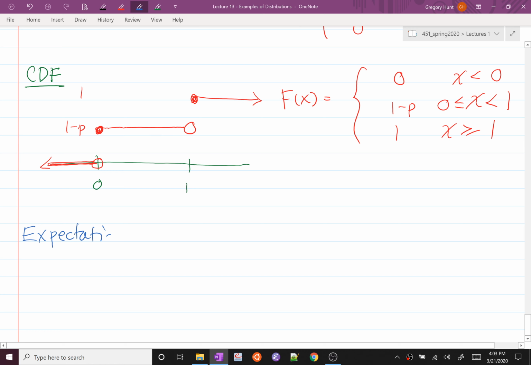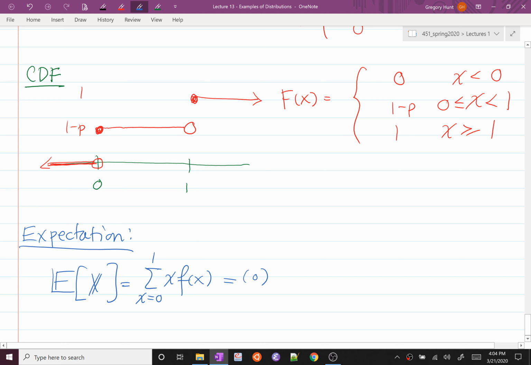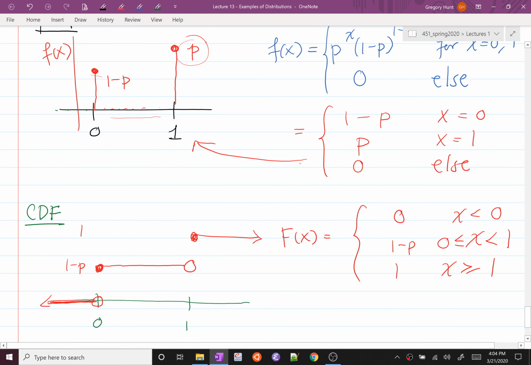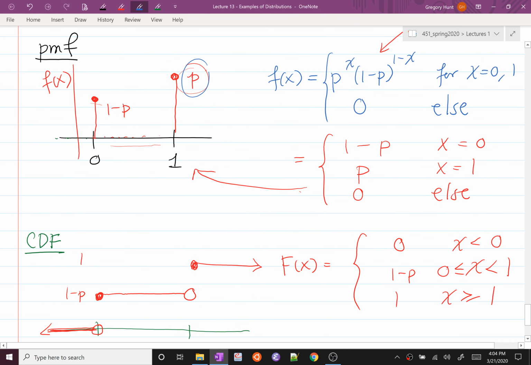The expected value of a Bernoulli random variable, all this notation is a little bit ridiculous, our support is 0 to 1, so you can write it as the sum from 0 to 1 of x times f of x, which is just, when x is 0, 0 times f of 0 plus 1 times f of 1. 0 times whatever is 0, so we just get f of 1 left over. And f of 1, if we go back up to our PMF, is just p.